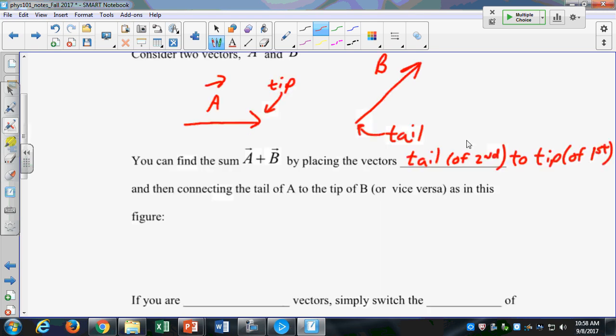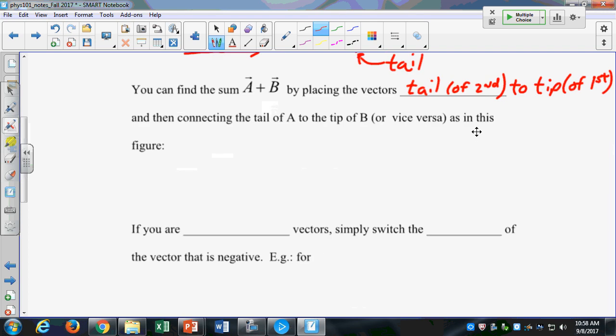And then connect them. So it'll look like this. If I'm just doing two vectors, I would have A, and then B, and then I would connect the two to get the sum of those. R equals A plus B.